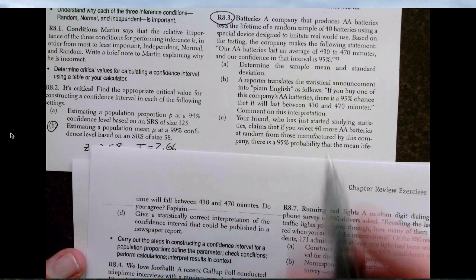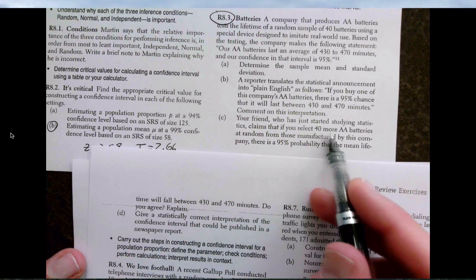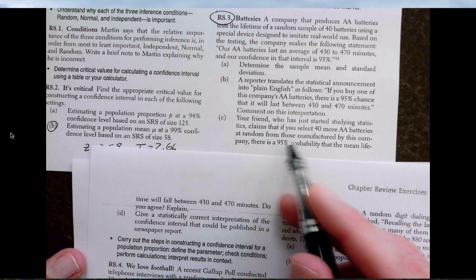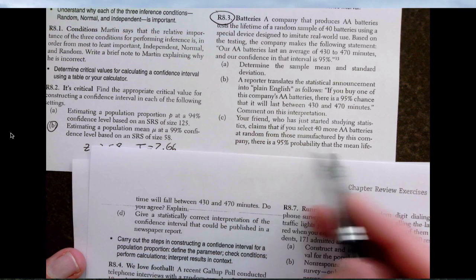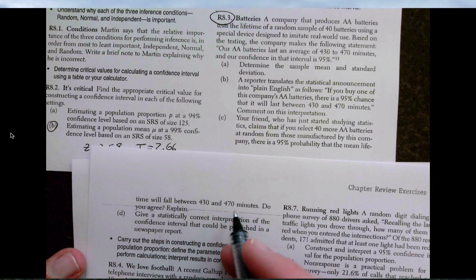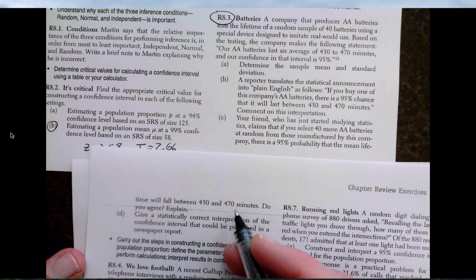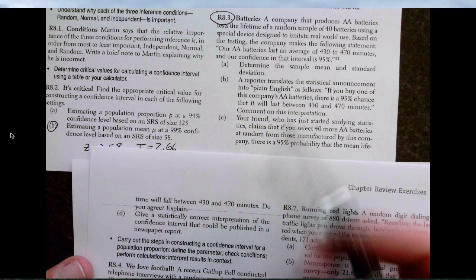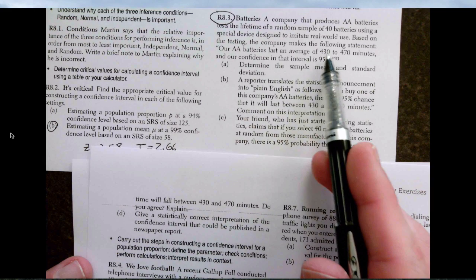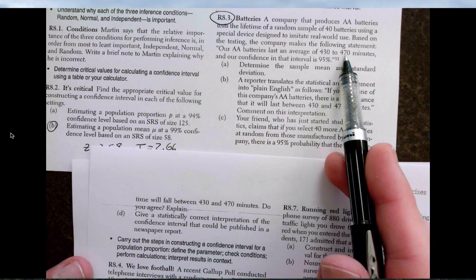Okay. So one more time, they said you select 40 more AA batteries at random from those manufactured at this company. There's a 95% probability that the mean lifetime will fall between here. Okay, that's not true. So the first time we ran the study, our job was to approximate the average life of a battery. And the average was predicted to be between 430 and 470 of our sample.